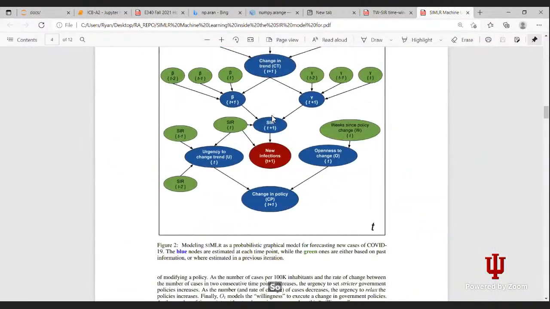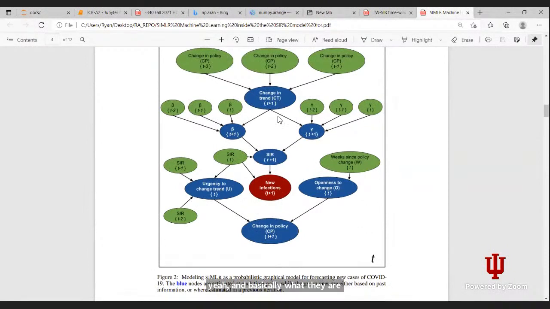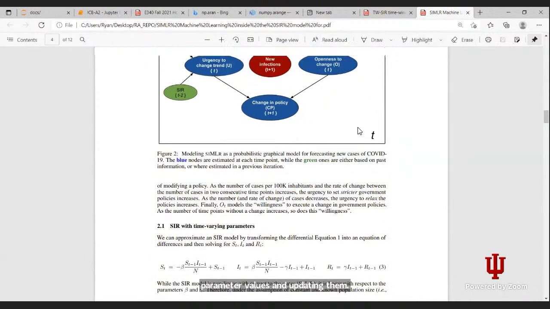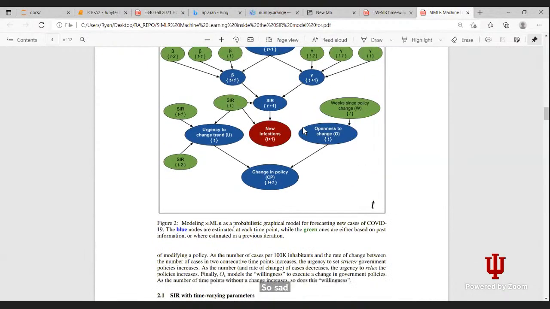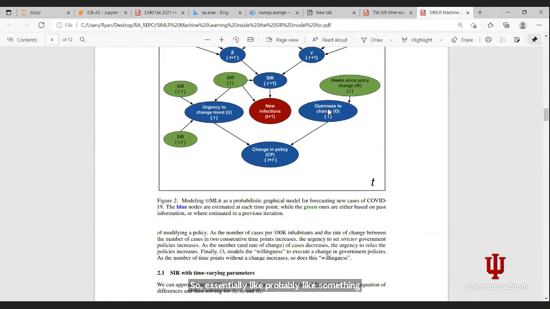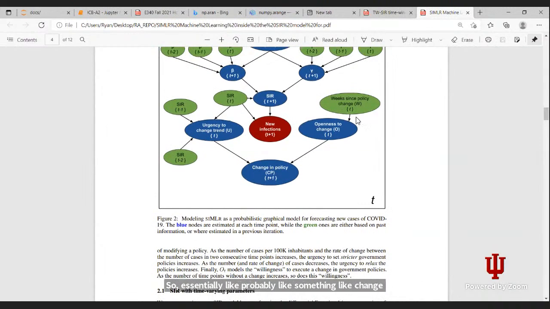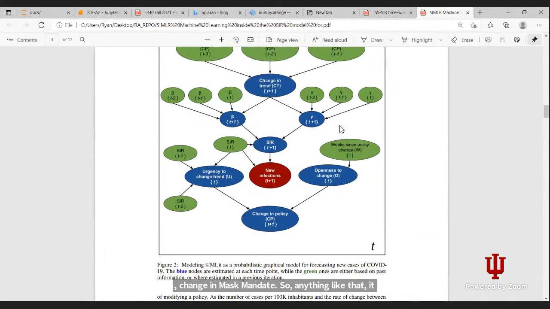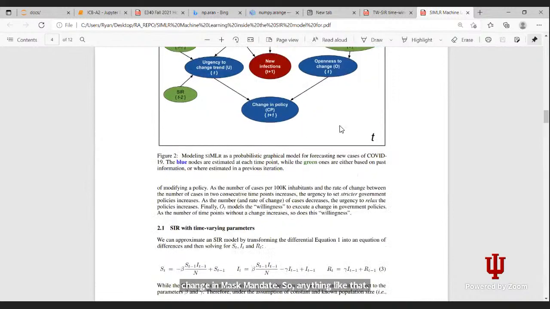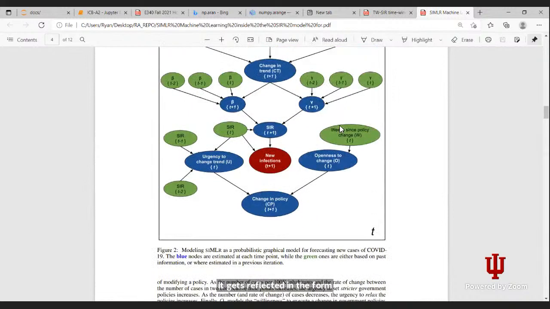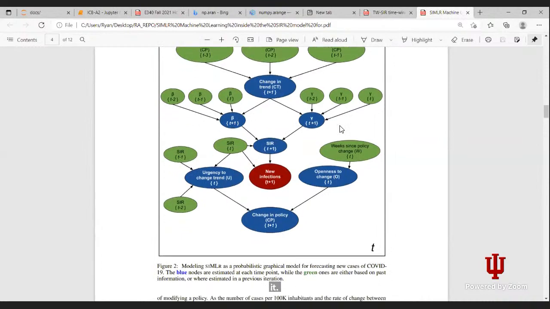So basically what they are doing is that for every change in policy, they call that event a CP. They are closely monitoring the parameter values and updating them. So something like a change in mask mandates gets reflected in the form of a change in parameter.